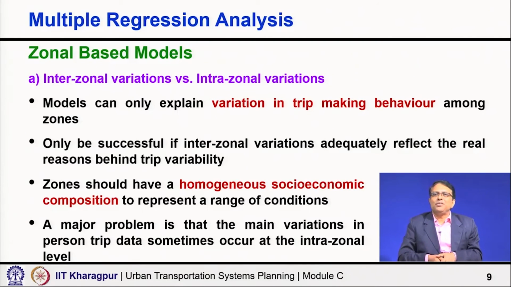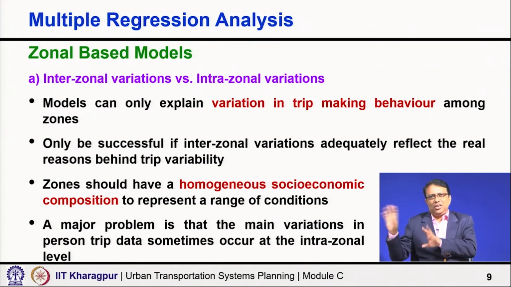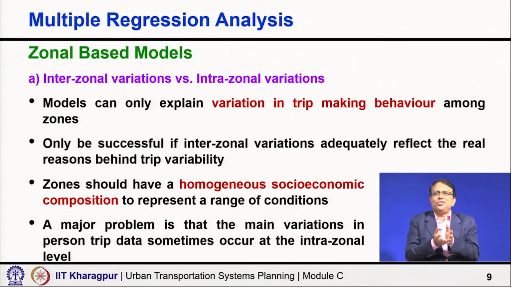But suppose in every zone you have people whose income ranges from 1 lakh to 10,000, but on average there is some income here, some income there. So here you get 30,000, there you get 40,000, somewhere the average is 38,000, somewhere 49,000.